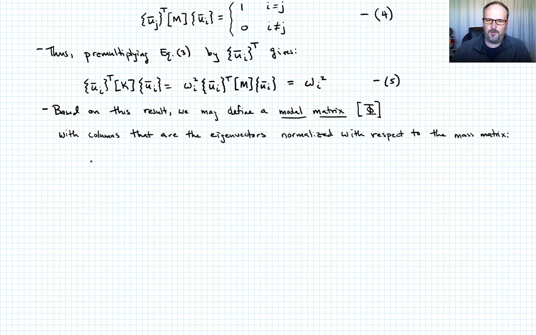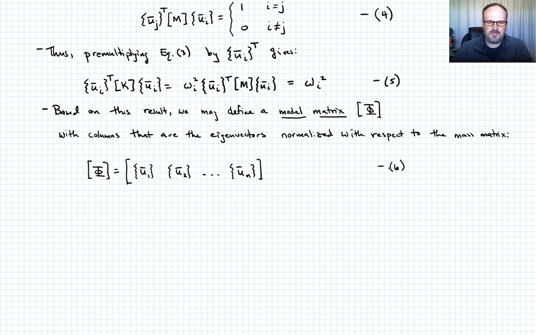Okay, so if we were to write this out, we'd write that this Phi matrix is equal to all of our eigenvectors, rather, so u1 bar, right, that's been normalized to satisfy equation 4. And then the second column would be u2 bar, right, and we would go up, dot, dot, dot, up to the nth column, which would be un bar. Okay? Let's call that equation 6.